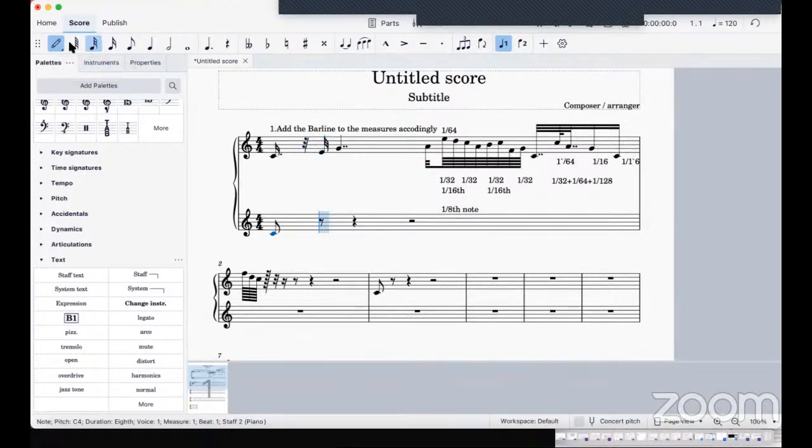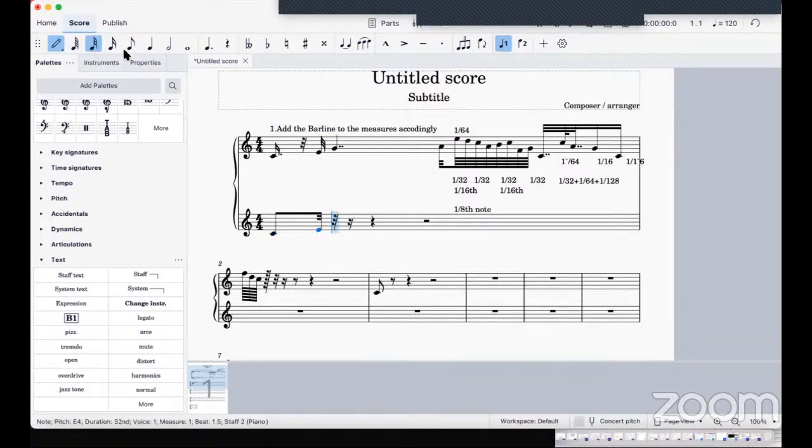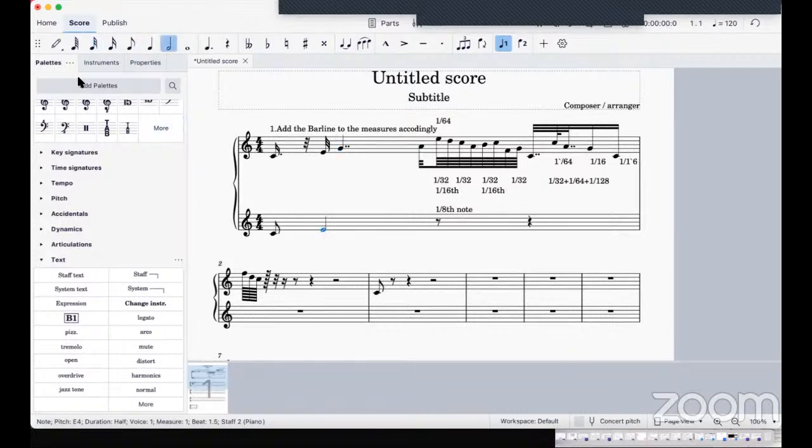Two 32nds is equal to a 1/16 note. That double dot quarter note plus the 16th is equal to a 1/2 note.